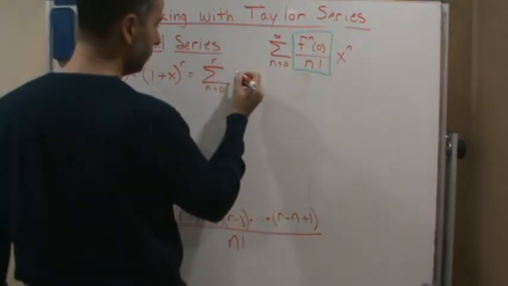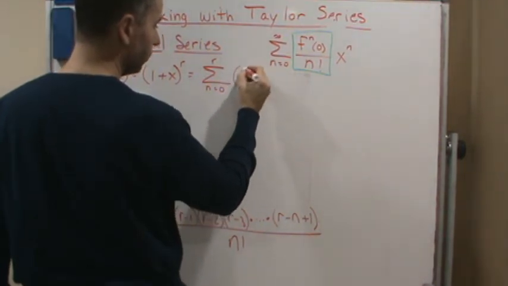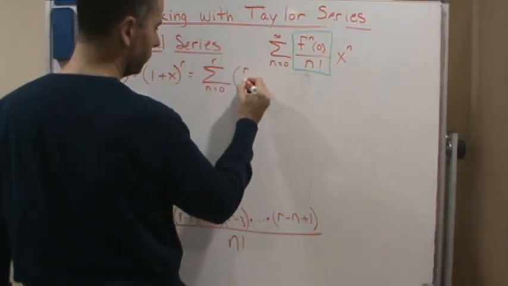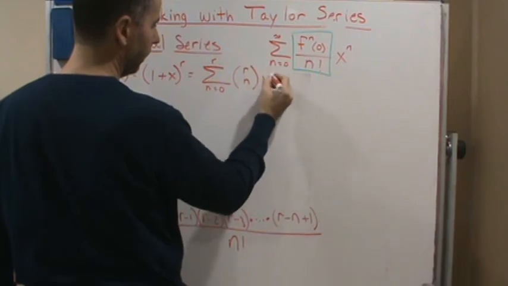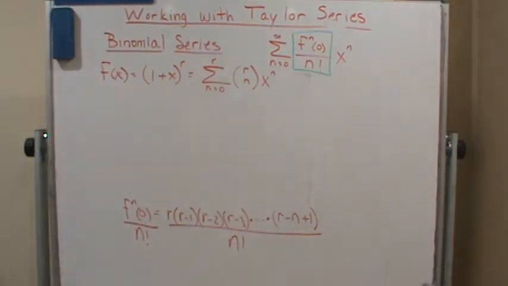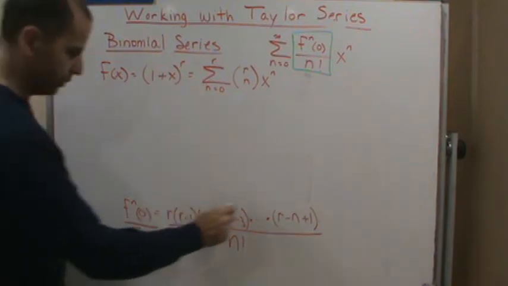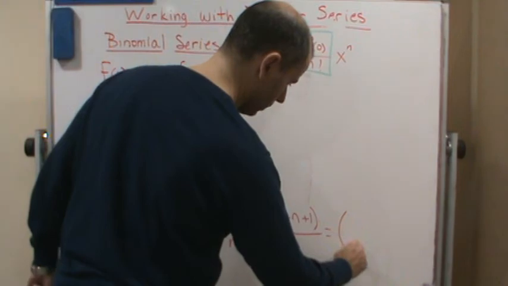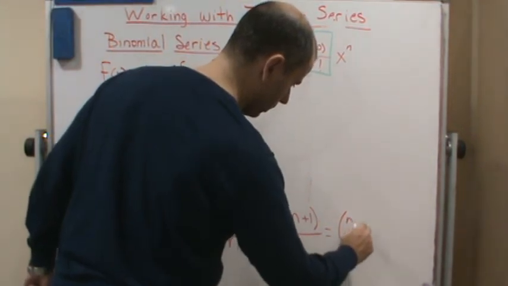This again is equal to r choose n, x to the n, which now is going to equal, oh, by the way, this is actually equal to r choose n.